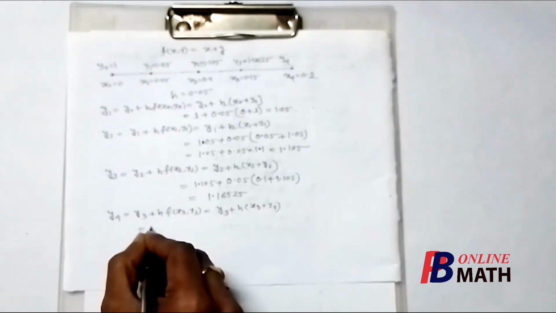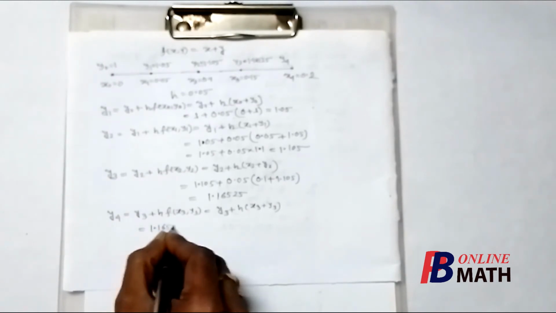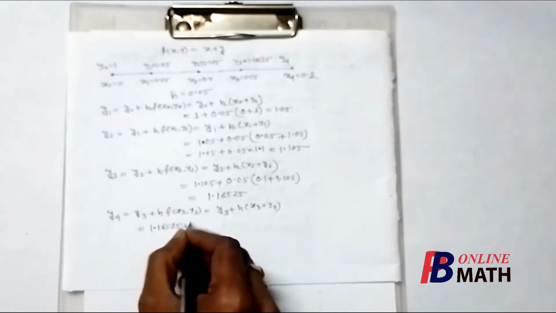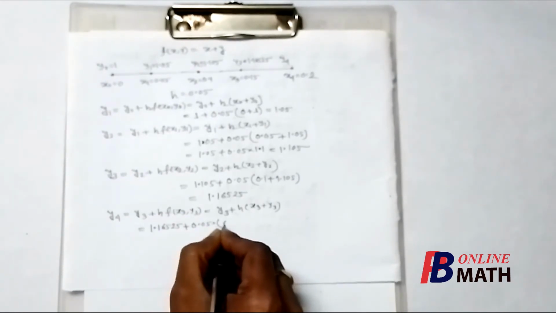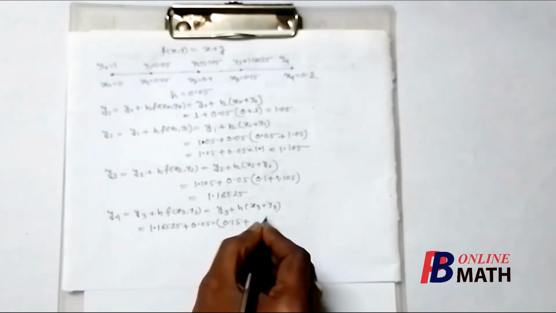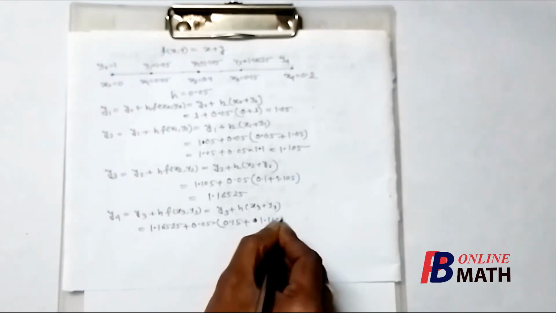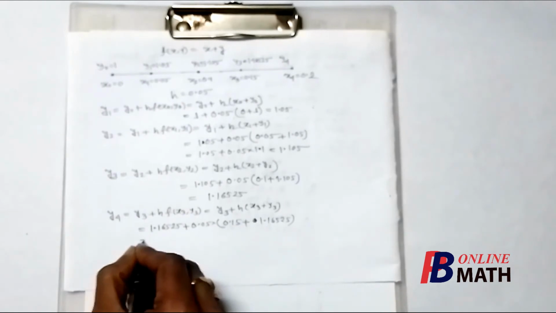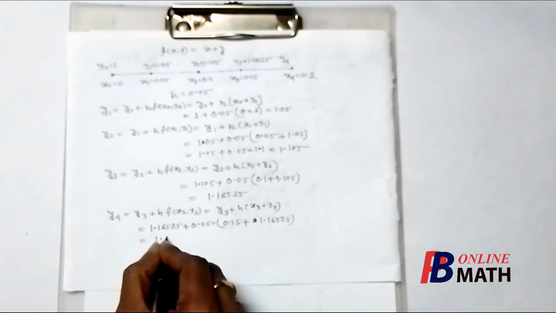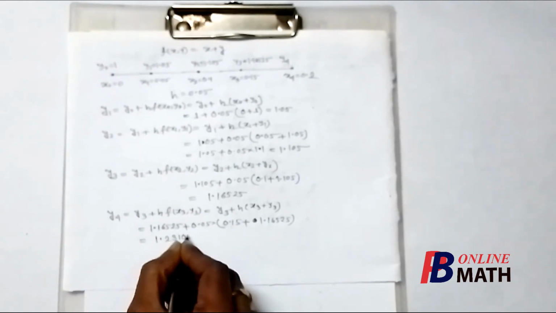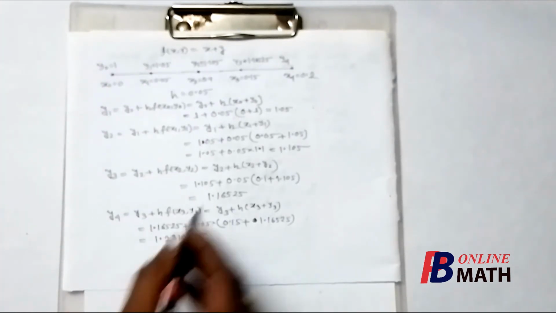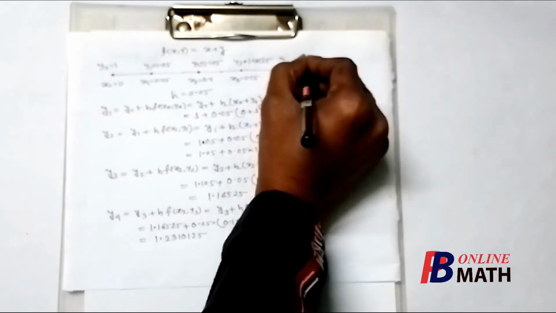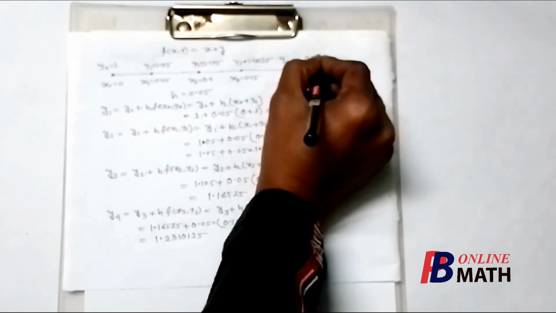So this is equal to 1.16525, this is the value of y3, plus h into (x3 is 0.15 plus y3, 1.16525). Now using the calculator we can find that this is equal to 1.2310125. So this is the required value of y4, that is 1.2310125.